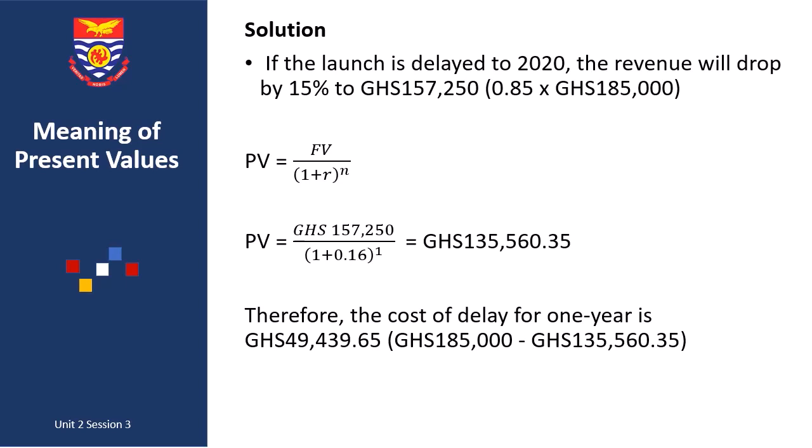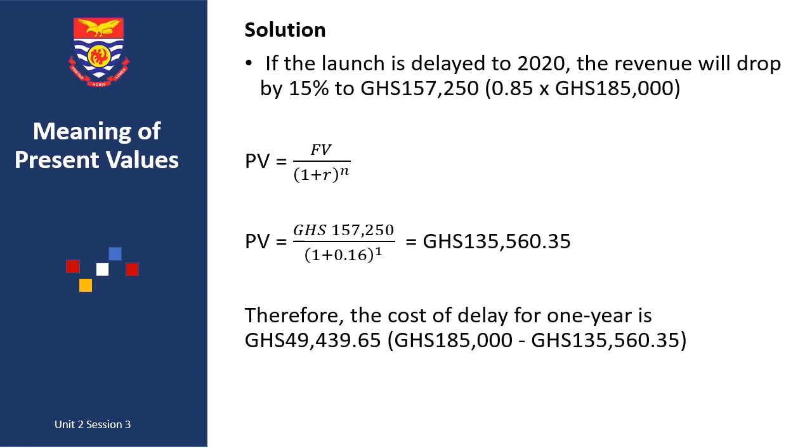Alright, we've converted from 2020 to 2019. Now we have equal basis of comparison. So we can compare this 2020 projected sales, which has been converted into 2019, to the actual projection in 2019. So the actual projection in 2019 was 185,000 and 2020's is 135,560.